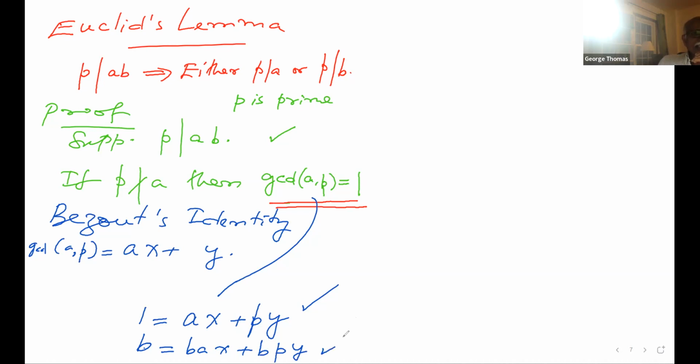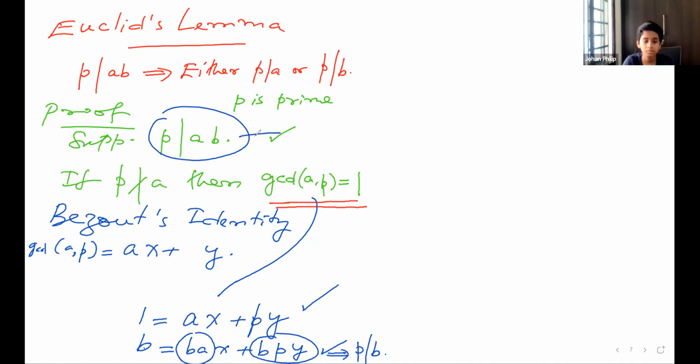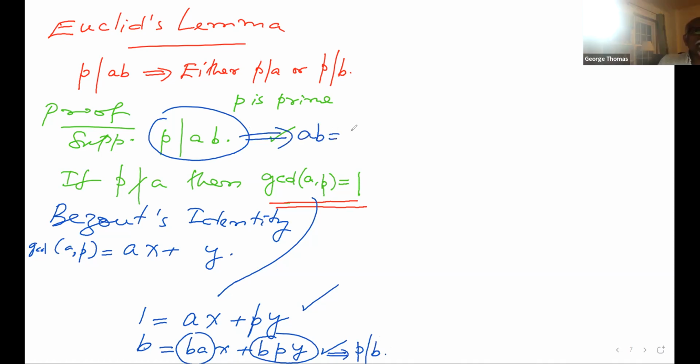All right. Now, wait a minute. What happened? P divides AB. P divides this, so this implies P divides B. Are you convinced?